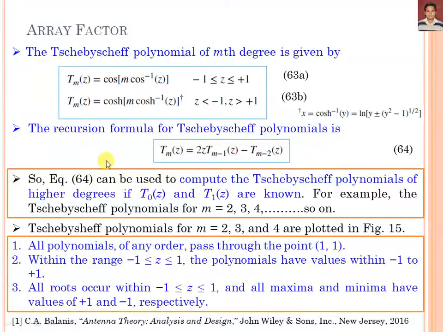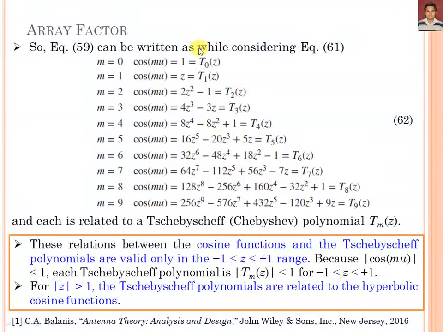So we can calculate the recursive formula for the Chebyshev polynomial, and this is represented as Tm of z equal to twice z Tm minus 1 of z minus Tm minus 2 of z. This is the important polynomial of this array, and this array can compute the Chebyshev polynomial of higher degree if T0 z and T1 z are known.